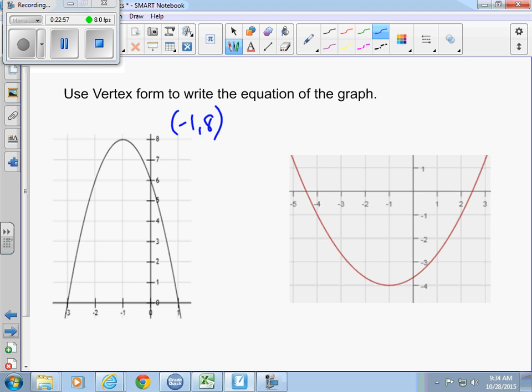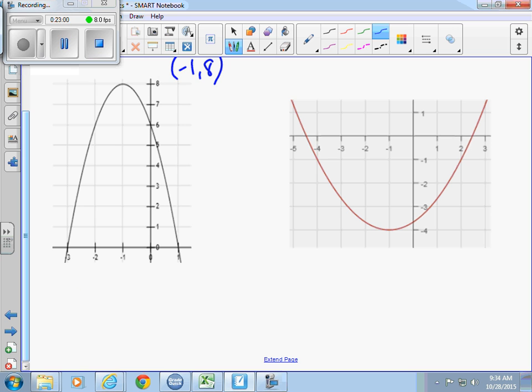So that part's pretty easy. I'm going to write the equation in vertex form. What I don't know is A, so I'm going to leave A. I don't know what it is, so we'll hold off on A for just a second. Okay. Vertex form is A times (x minus h) squared. Isn't h the x value of the vertex, which we said was -1?